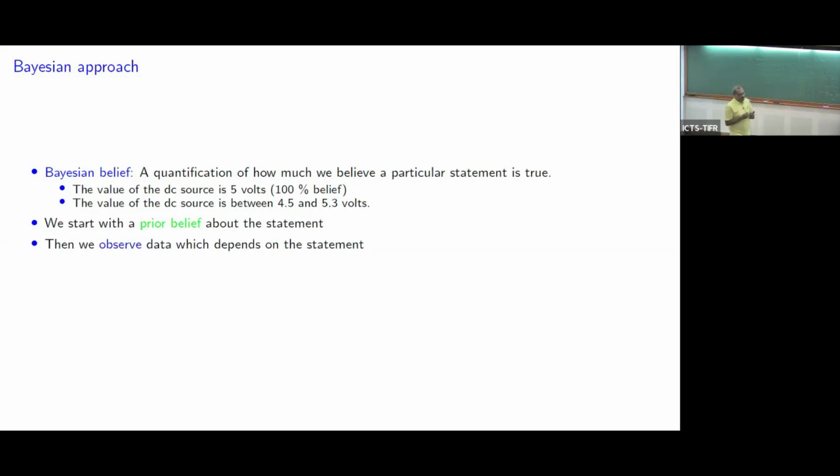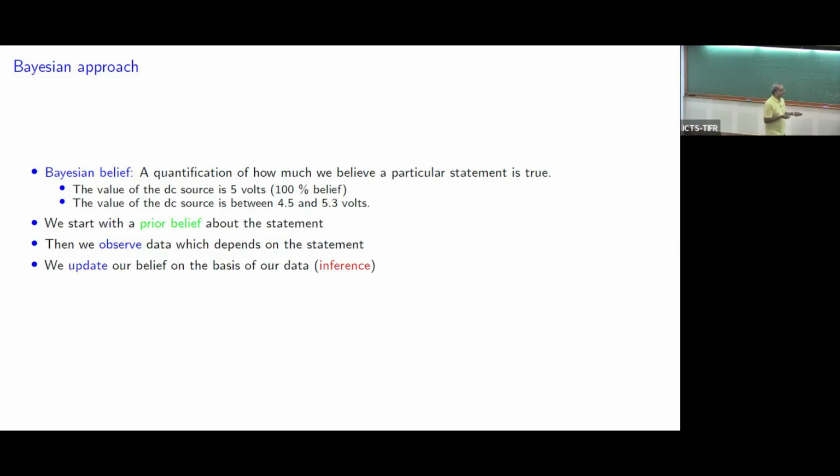Now, you will have data, and the data that we see will be connected with whatever we are trying to infer. We will have a model for explaining the data as a function of these underlying parameters, and because of this connection between the data and the parameters that we are trying to infer, we will be able to update our belief.